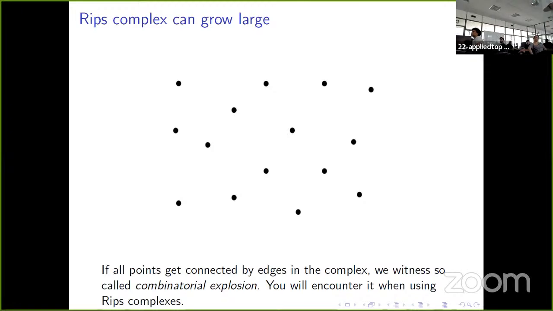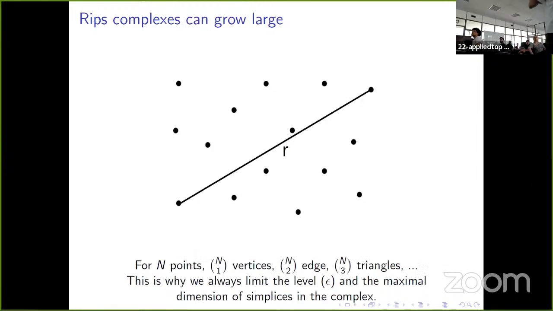But why? So the problem is, if I have a collection of points, I'm not sure how many, something between 10 and 20 points. If I choose my epsilon being close to the diameter of this point cloud, then I will have, of course, 10 vertices in this collection of points, the cardinality of the collection of points. But I will have n choose 2 edges.